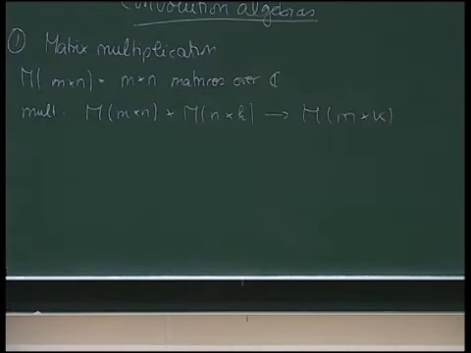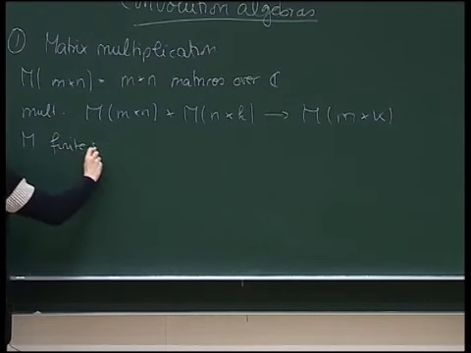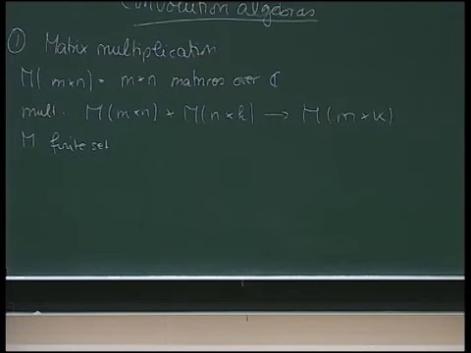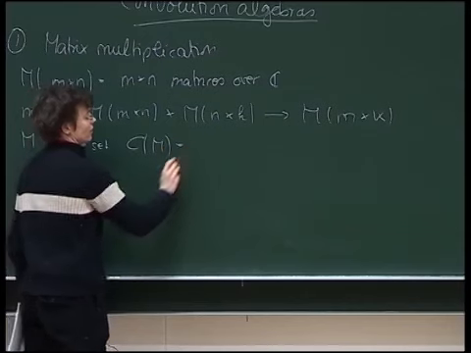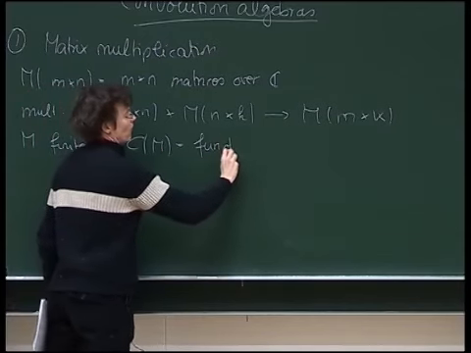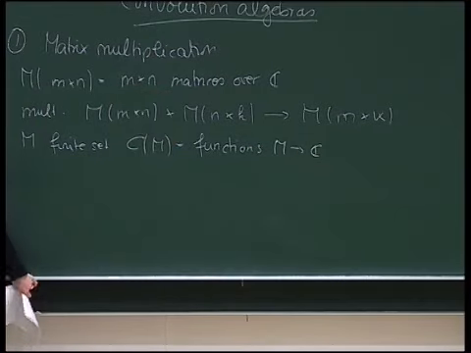We can view this as a convolution algebra by saying, okay, let's take M a finite set. This M has nothing to do with the previous m, just a finite set. And we denote by C^M the functions from M to the complex numbers.